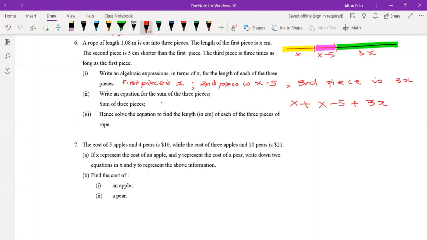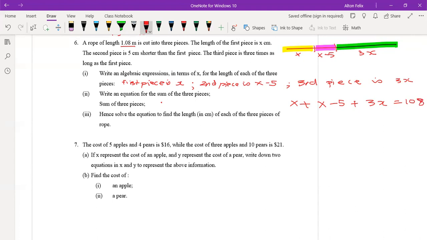So we know this total sum is given here in meters, but the pieces are in centimeters. You cannot say that the sum of these 3 pieces, where the first piece is x centimeters, is the total length of 1.08 meters. So you multiply 1.08 meters by 100 to get 108 centimeters, because we need to keep the dimensions consistent on both sides.